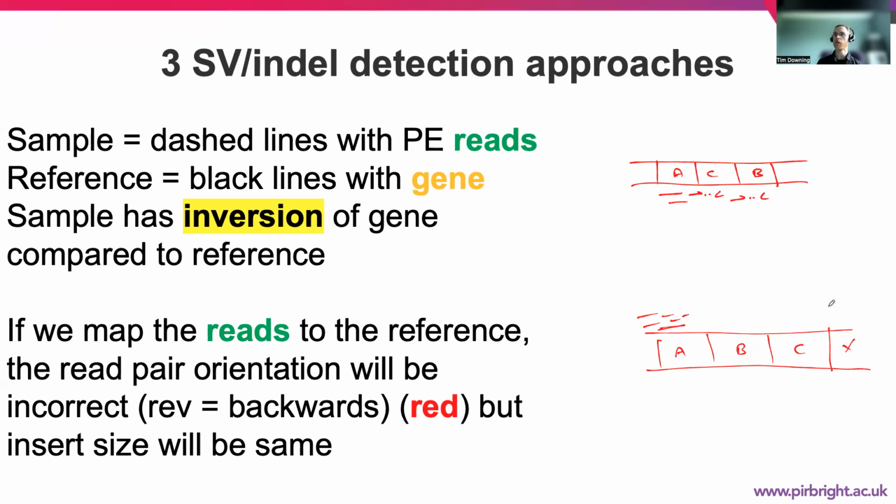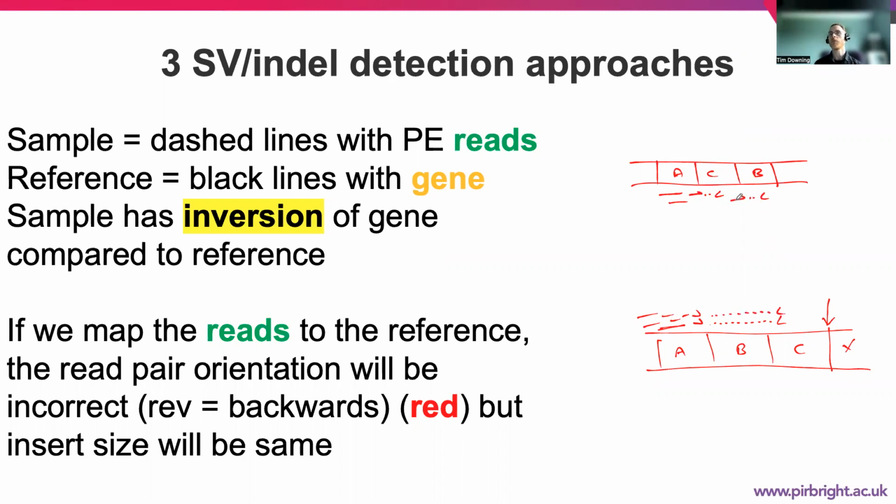So we've got a gap in coverage at this point. And then if you take those reads that map from A, so we've got a forward read from A, that will map okay. And then it will align to a region here at C. So it will have a very, very long insert size. And that'll happen for many reads mapping from A to C. So we'll see that difference.